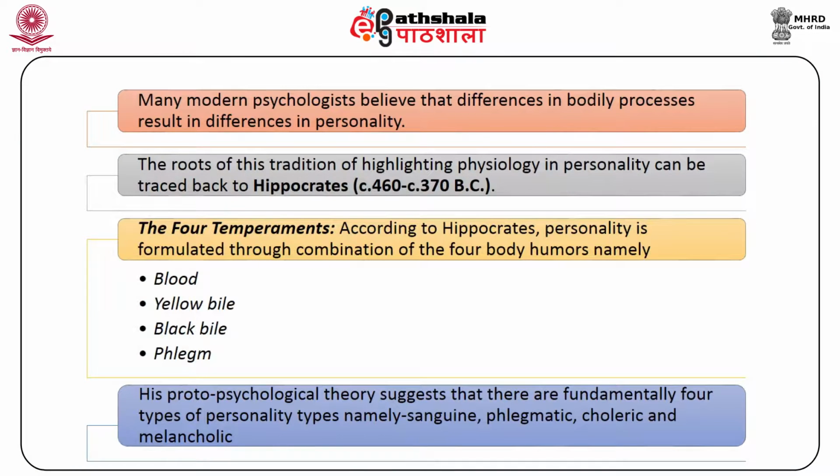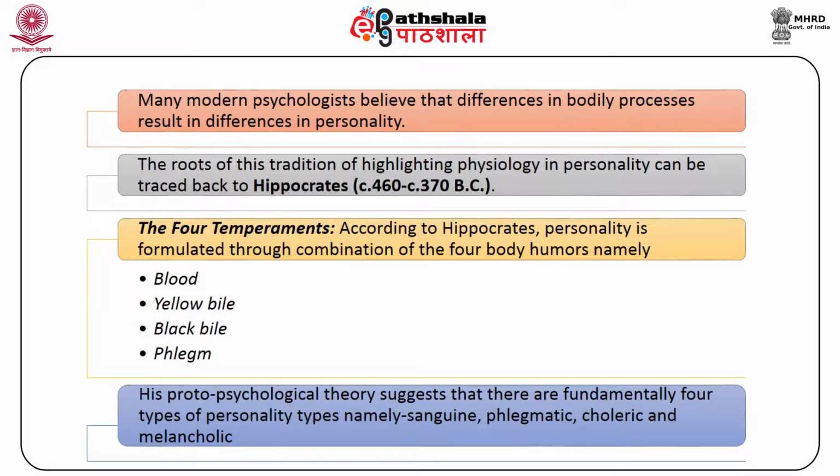Many modern psychologists believe that differences in bodily processes result in differences in personality. The roots of this tradition of highlighting physiology in personality can be traced back to Hippocrates and the four temperaments.